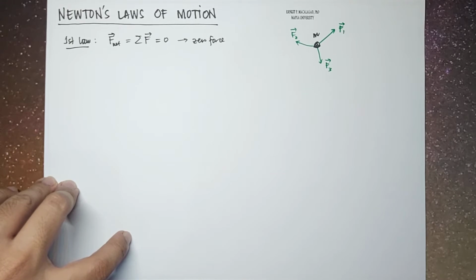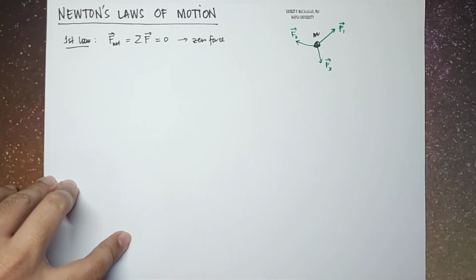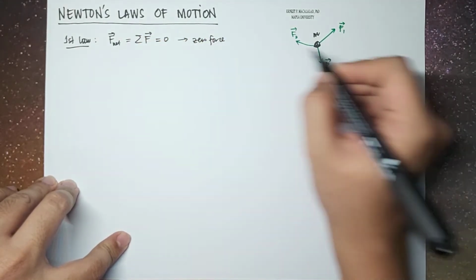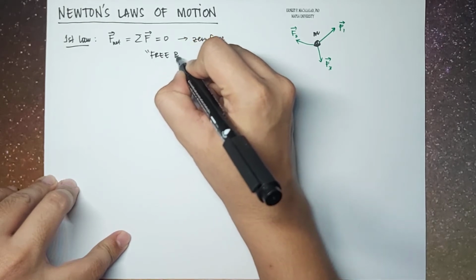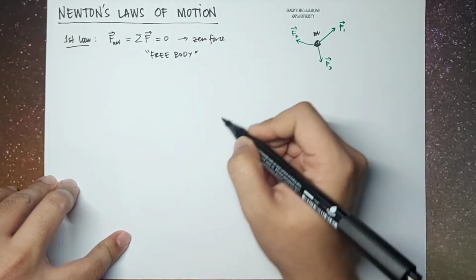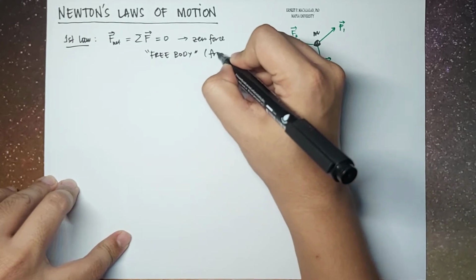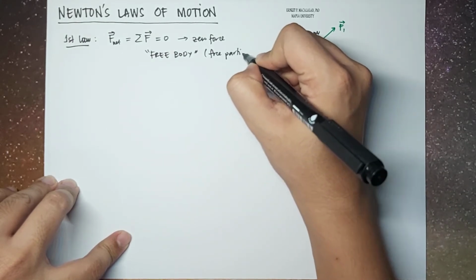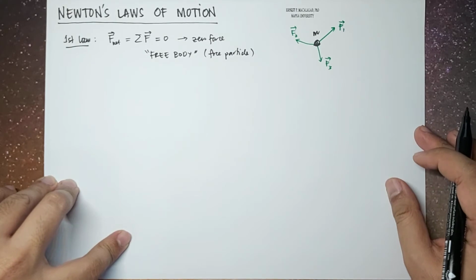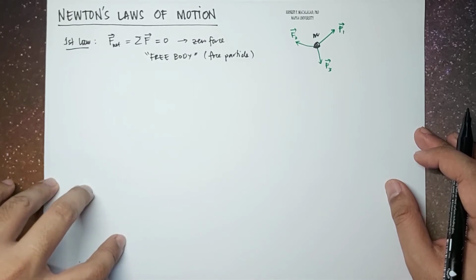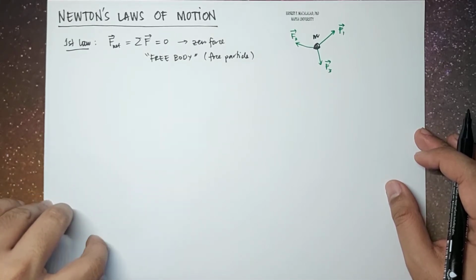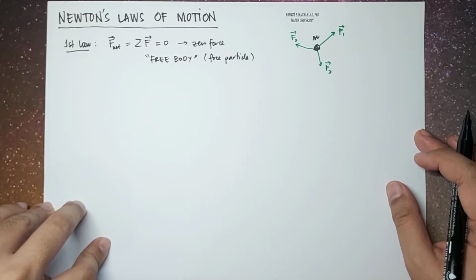And if that's the case, a body moving in this manner is referred to as a free body, or sometimes we call this a free particle. Now the question of the frame of reference with respect to which the uniform motion is to be measured will be discussed later.